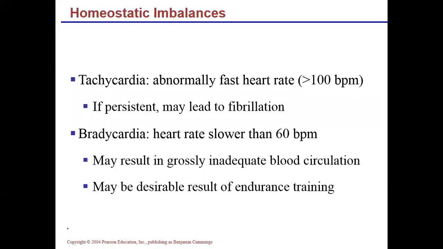So you have tachycardia. This is an abnormally fast rate, more than 100 beats per minute. If it continues, it could lead to fibrillation. All right, the heart is going to stop because it's exhausted. Just like you get muscle cramps, and all of a sudden your muscle is tired, you have to replenish it. Well, but the heart stops. I mean, you're not pumping any oxygen, so you could get a stroke.